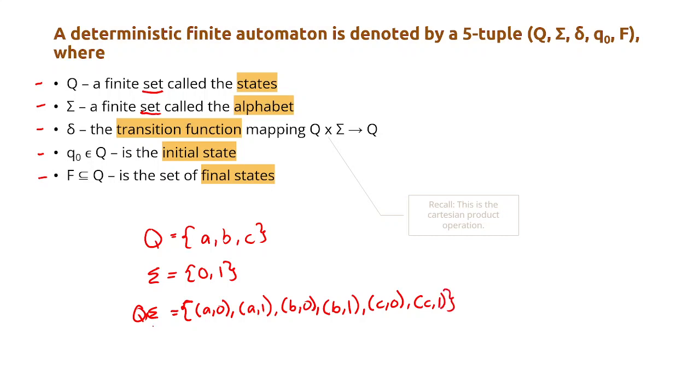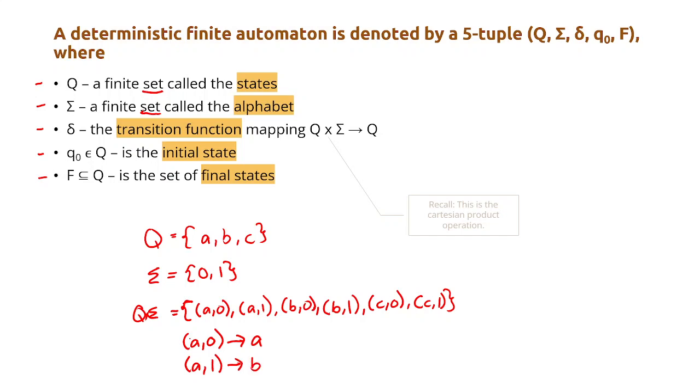Okay. So that's the Cartesian product. And then each item there in the set of the product has a mapping to Q, meaning it has a result, an element of Q. So for example, let's just say that A0 maps to A, and A1 maps to B. So usually we denote it like this with an arrow.